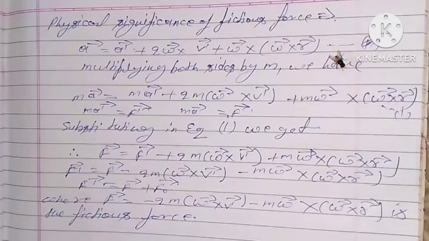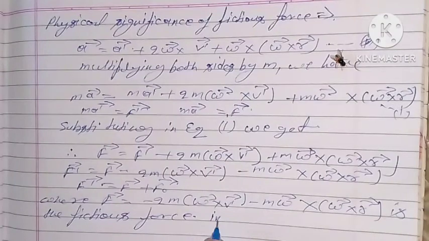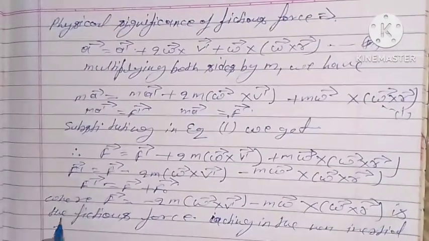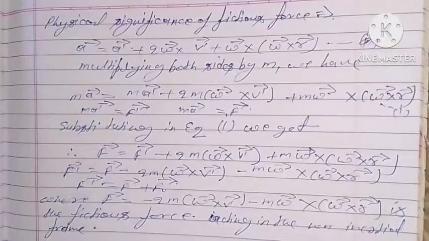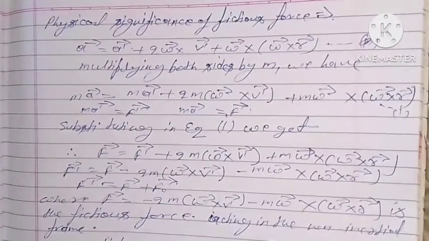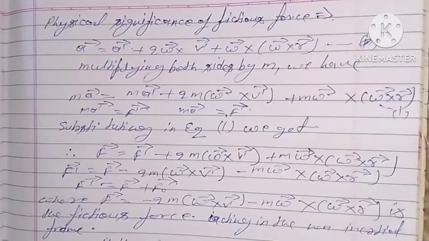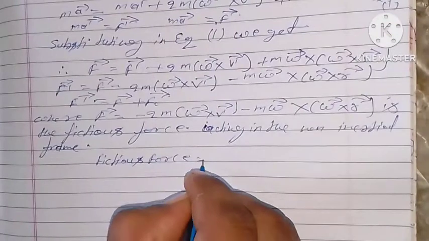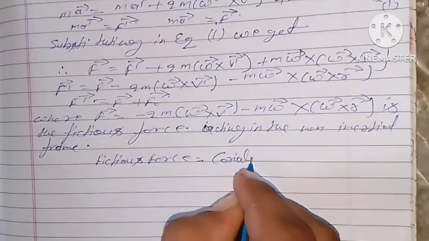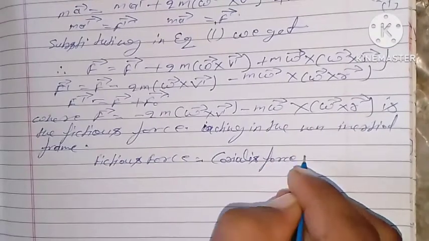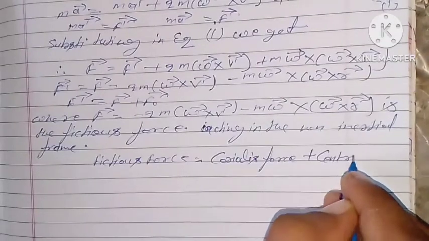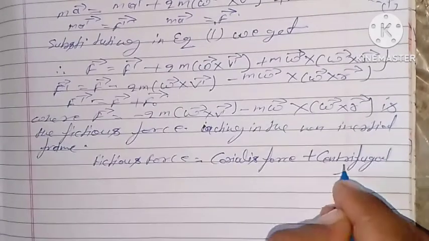Acting in the non-inertial frame. Fictitious force equals Coriolis force plus centrifugal force.